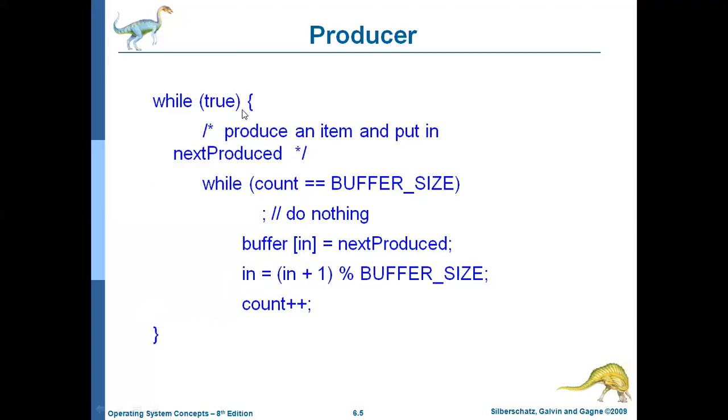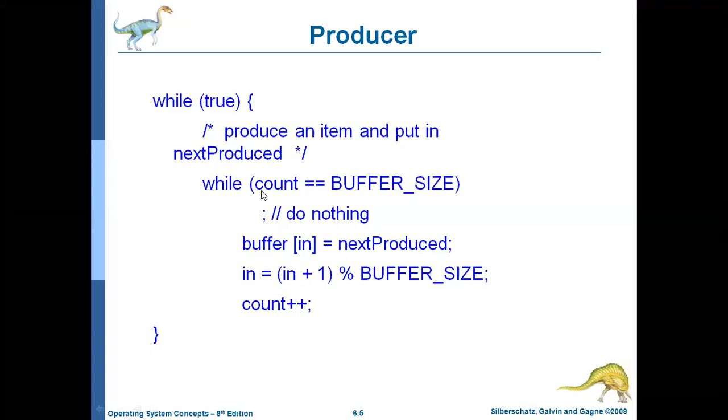So while of true. While of true means again you need to run. So while of count equal to buffer size. Now the count value is 2. 2 equal to 5. Condition fail. So buffer of 2 equal to next produced. And then in value is 3. Count value is 3.